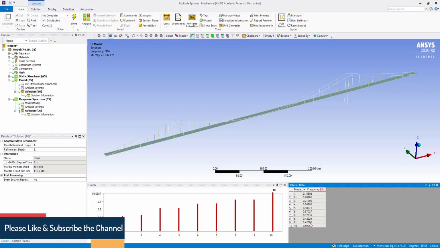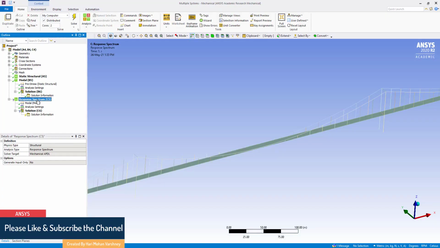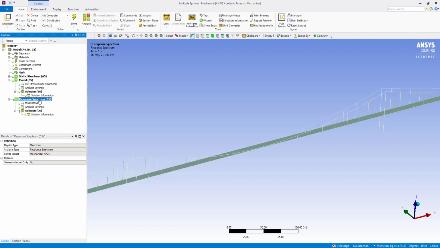So now we are going to the response spectrum. Here we are going to analyze the settings and change the mode combination type.